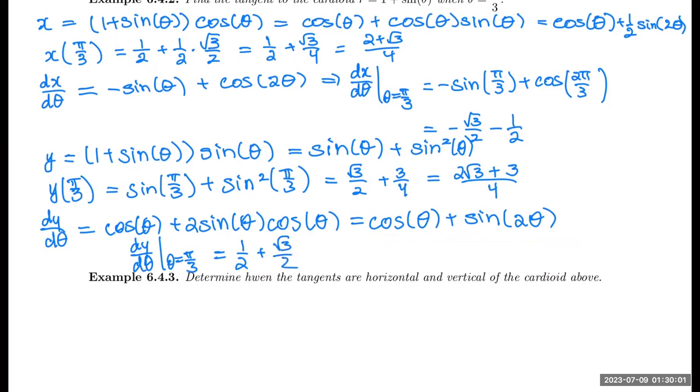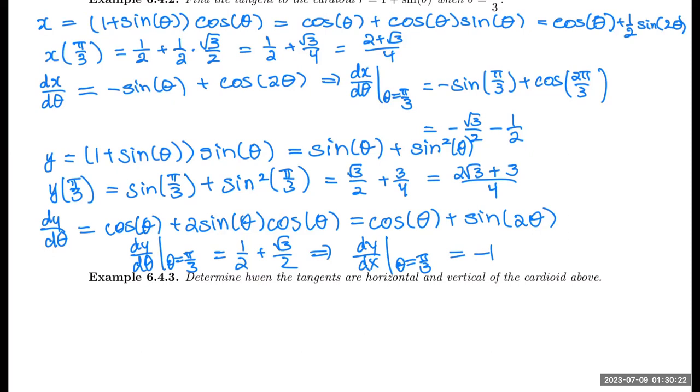And so if we take the division of this value and this value, we should get that dy divided by dx at theta being pi over 3 is equal to -1.